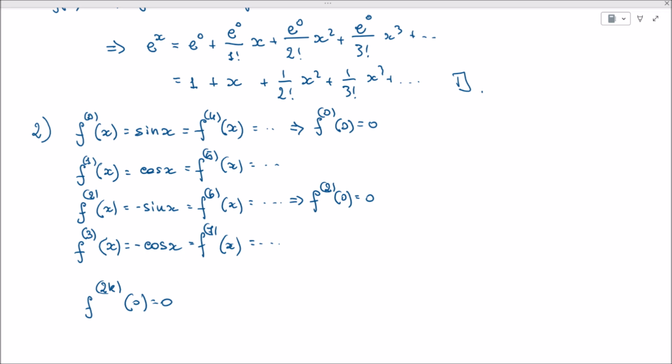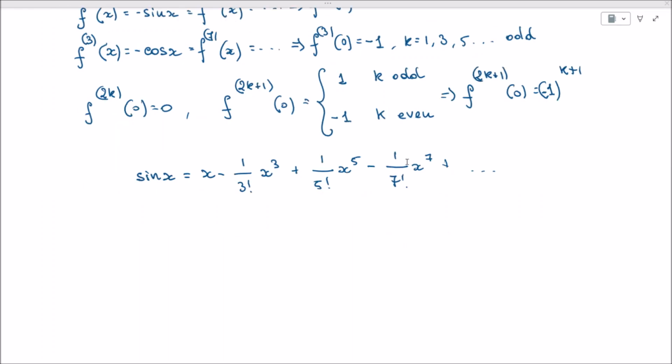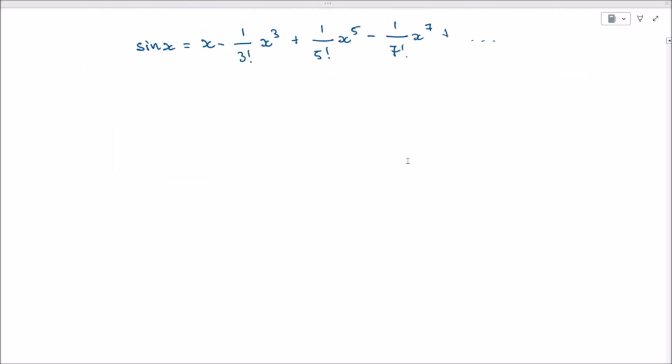So a totally similar proof can be given for the function f of x equal to cosine of x. The function is nothing else than the derivative of order 0. At the derivative of order 1, we get minus sine of x. The derivative of order 2 gives minus cosine of x.